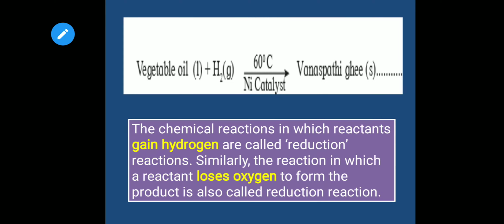So we can define reduction as the chemical reaction in which a reactant gains hydrogen. Similarly, the reaction in which a reactant loses oxygen to form the product is called a reduction reaction.